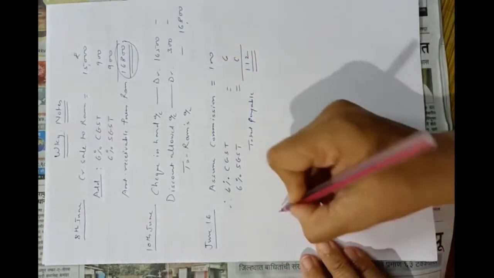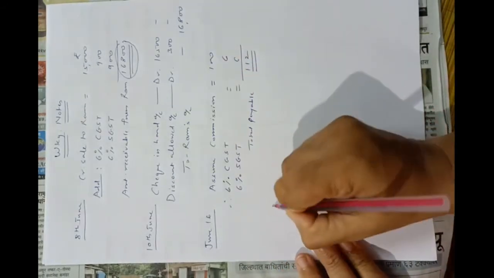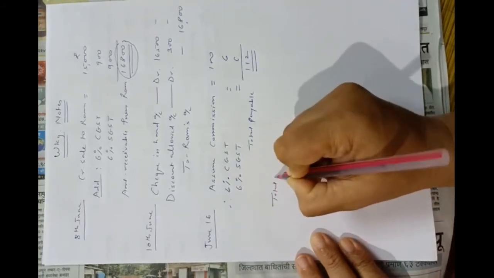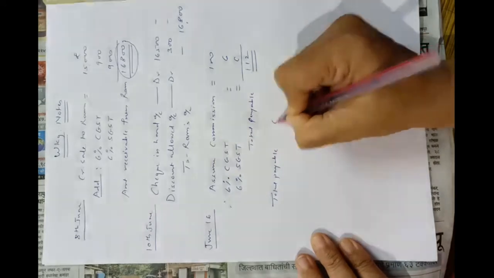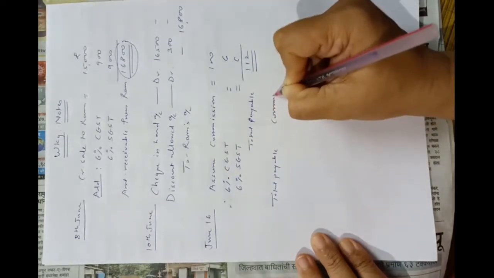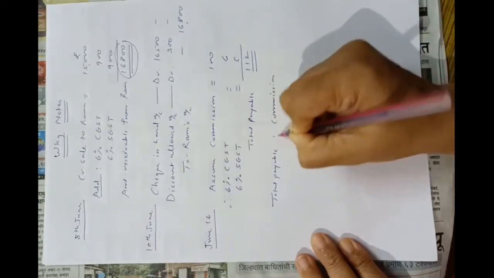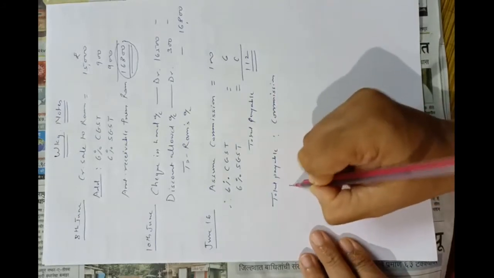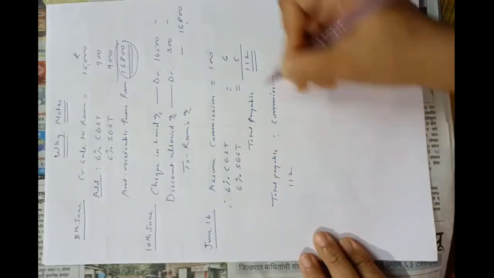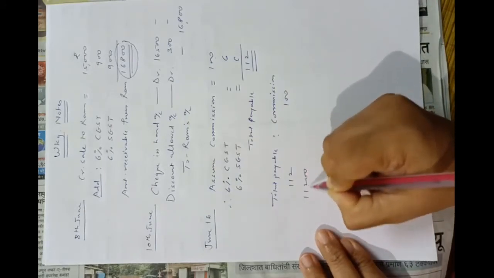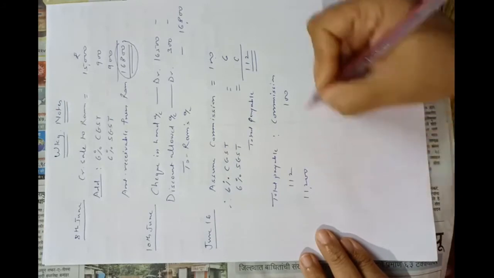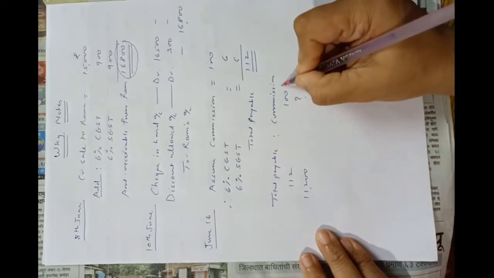Okay. So now we will calculate in this way, total payable and original commission. When total payable amount is 112, original commission is rupees 100, then here the payable commission is 11,200 including CGST and SGST. Then what is the original commission?